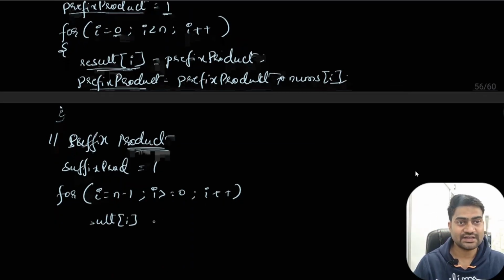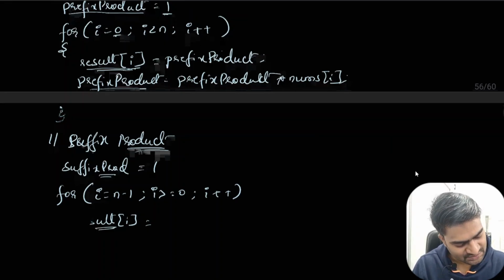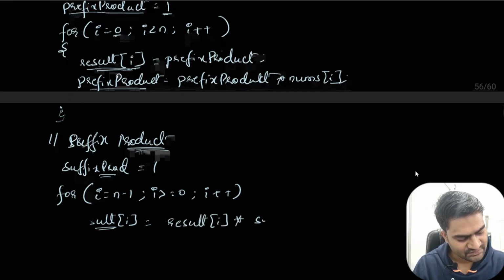At the n minus 1 place, our prefix product will already be there in the result array. To that, I will simply multiply my suffix product. So result of i multiplied with suffix product.